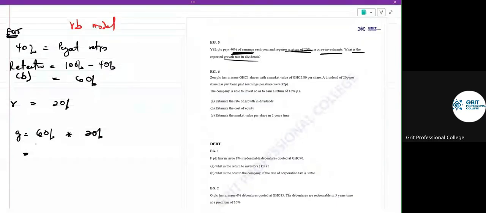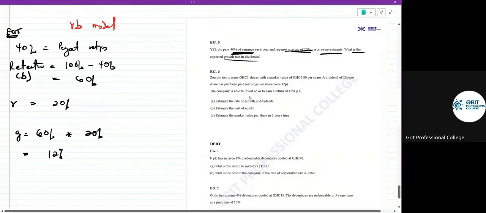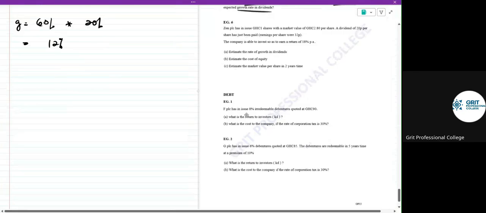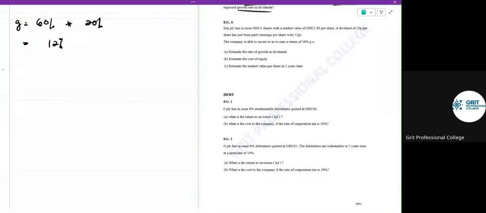And that gives us 12%. I hope you are all on the same page. All right. Then let's go to question 6, which will cap everything that we have done so far on equity.